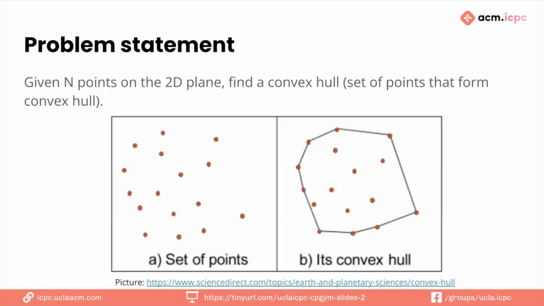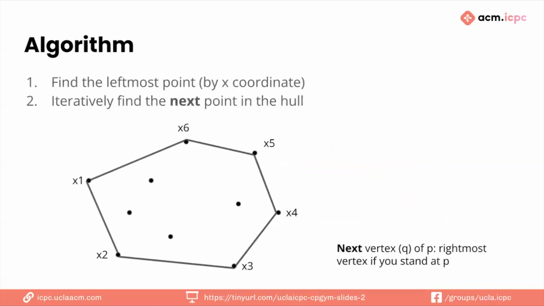Okay, so there are actually many algorithms. There are several algorithms to find the convex hull, and today we're going to talk about the easiest, or the most common one, which is the following one.